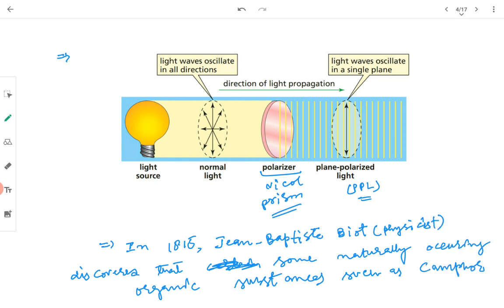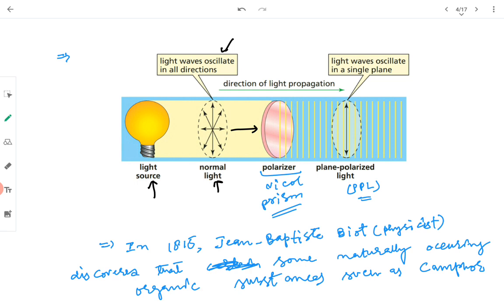Here is the diagrammatic sketch of plane polarized light. This is the light source, and this is the normal light. It has oscillations in all possible directions. But when this light passes through a polarizer, which can be a Nicol prism, the polarizer cuts out all the oscillations except one.